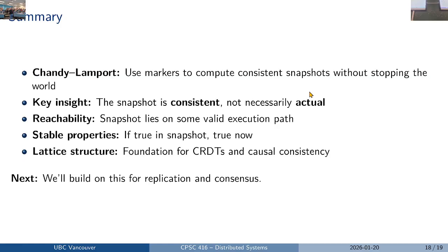Stability is really important, especially for things like databases, where once I write something on the disk, of course I assume that when I read it back, it's going to be what I wrote. And when that breaks, the database breaks. Lattice structures are really interesting. We're going to use these things as we begin to build on our understanding of consistency, replication and consensus.